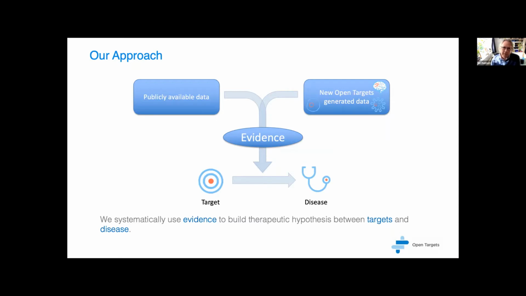But we also generate a lot of experimental data as well, in specific disease areas: in neurodegeneration, in immunology, inflammation, and oncology. Our approach is to bring together this experimentally generated information with the publicly available data to provide evidence that a target is involved in disease. That's really our key focus, this relationship between target and disease, because that's predictive of where you go downstream of that. And we want to build a therapeutic hypothesis around that information.